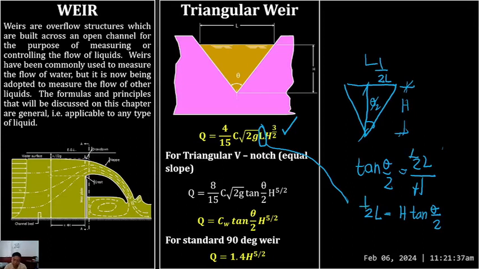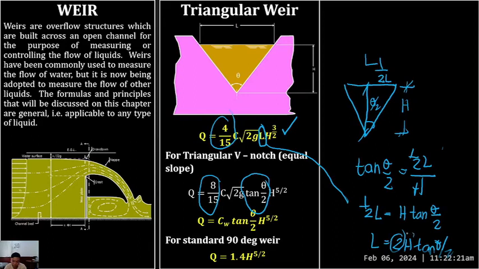Since 1 half L yan, cross multiply, so that is going to become L equals 2H tan theta over 2. So, yung L na to, dito sa formula, papalitan lang natin ng 2H tan theta over 2. Tapos yung 2, minultiply natin sa 4 over 15, kaya naging 8 over 15.